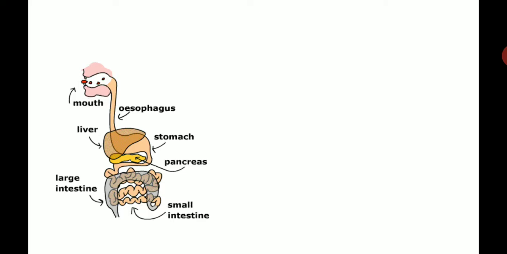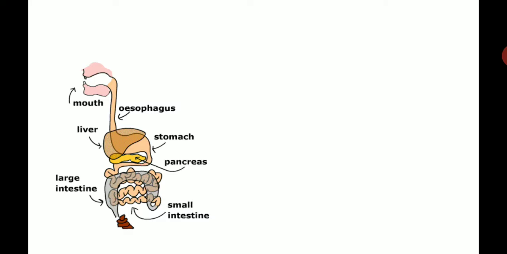So in this diagram, children, you can see how the food passes from the mouth to the food pipe, then to the liver, then to the stomach and pancreas, where dilute hydrochloric acid, bile juice, and pancreatic juice are added to make the food easily digestible. Then it moves to the highly coiled structure, which is 7.5 meters in length, called the small intestine.